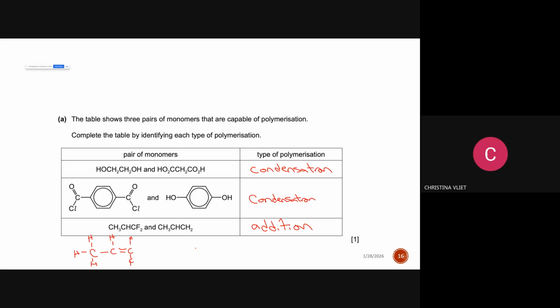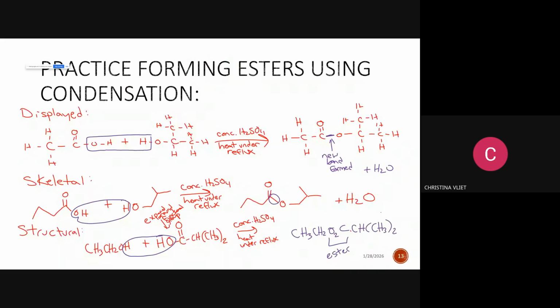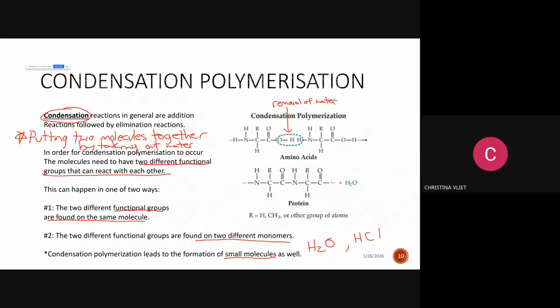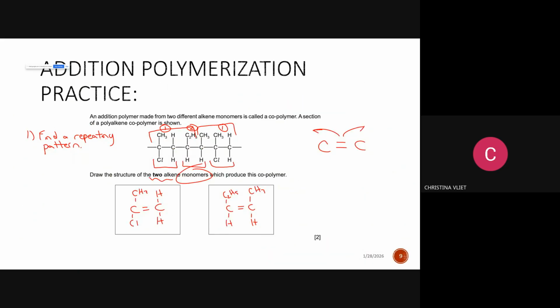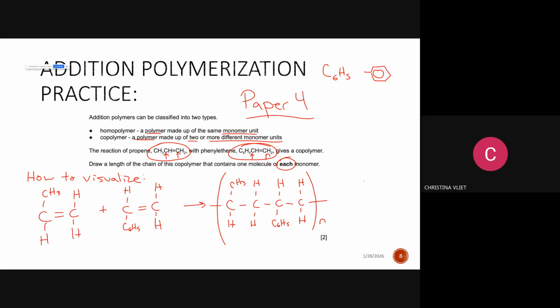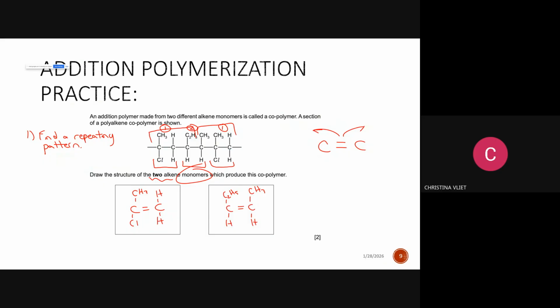Now I want to go back to, let me see if I have that here. All the way back here. Here, you have free rotation, right? In a single bond.